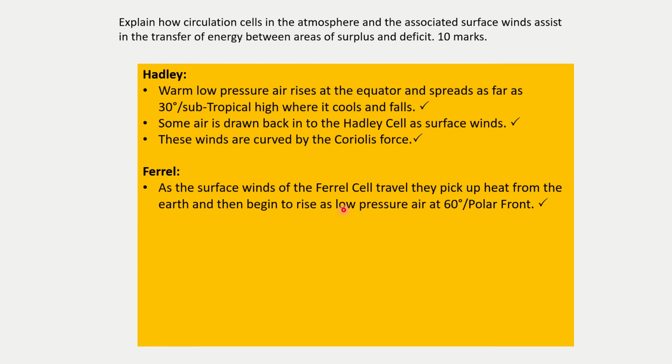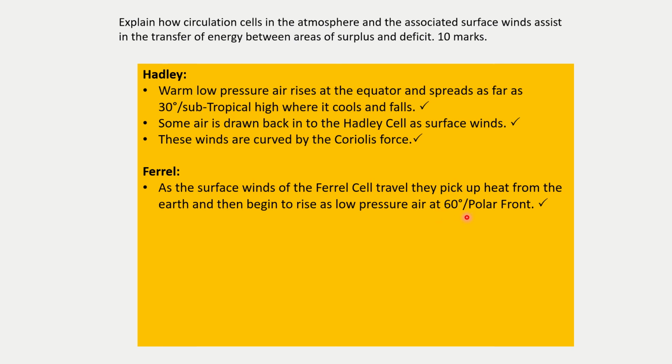As the surface winds of the Ferrel cell travel, they pick up heat from the earth and they begin to rise at low pressure at 60 degrees. Again, I'm not going to reteach you all this, but notice my use of technical terminology. I'm referring to surface winds. I'm saying that they pick up heat from the earth, that explains their manner of movement, and they begin to rise as warm air? No, as low pressure air. And where do they do that?